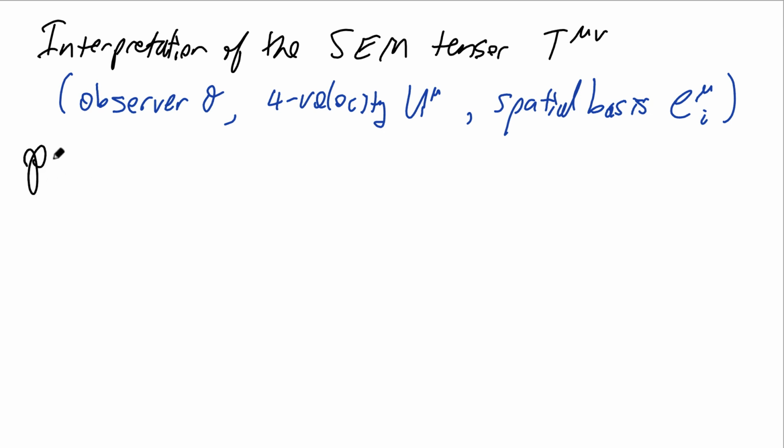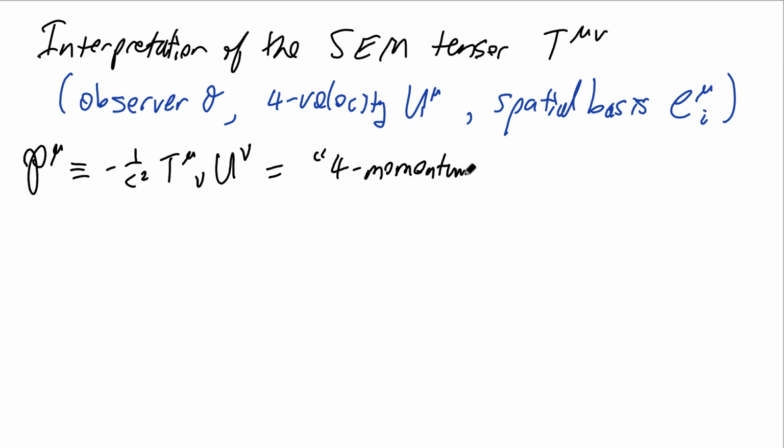The first is what I'll call curly P mu. This is minus 1 over c squared times T mu nu, the stress energy momentum tensor, times u nu, the 4 velocity of the observer O. And this is the 4 momentum density.